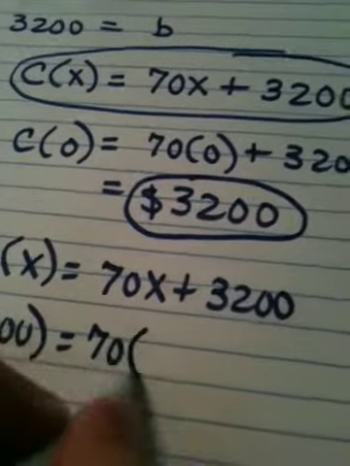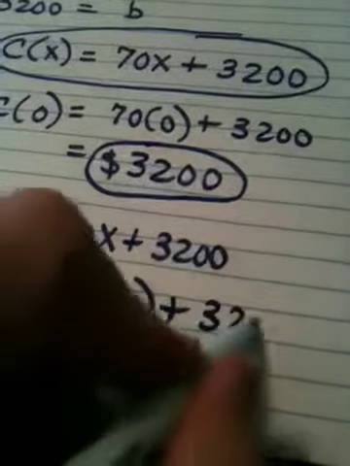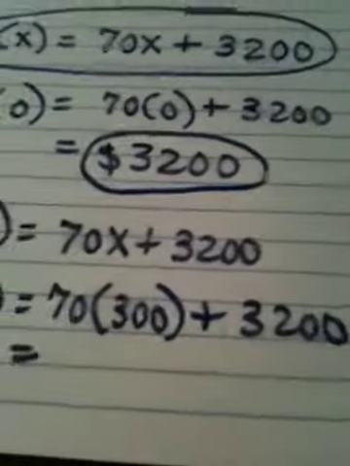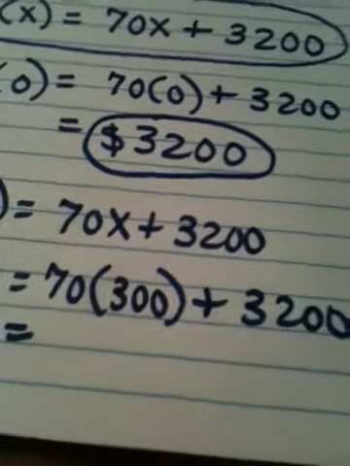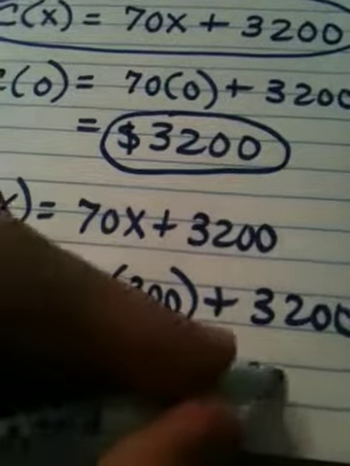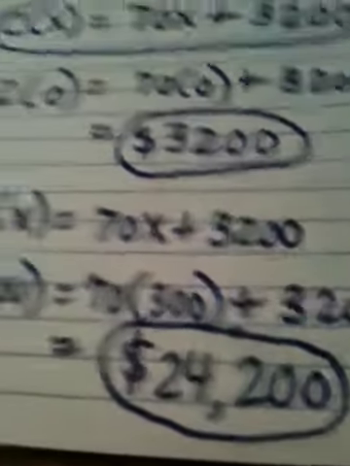So we have 70 times 300 plus 3,200. And when I calculate that out, I'm going to come out with 24,200. So that is my answer to part D.